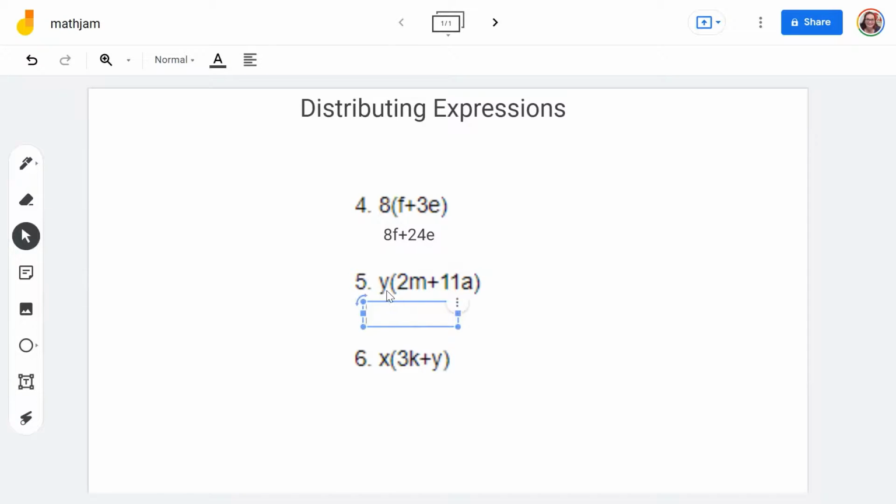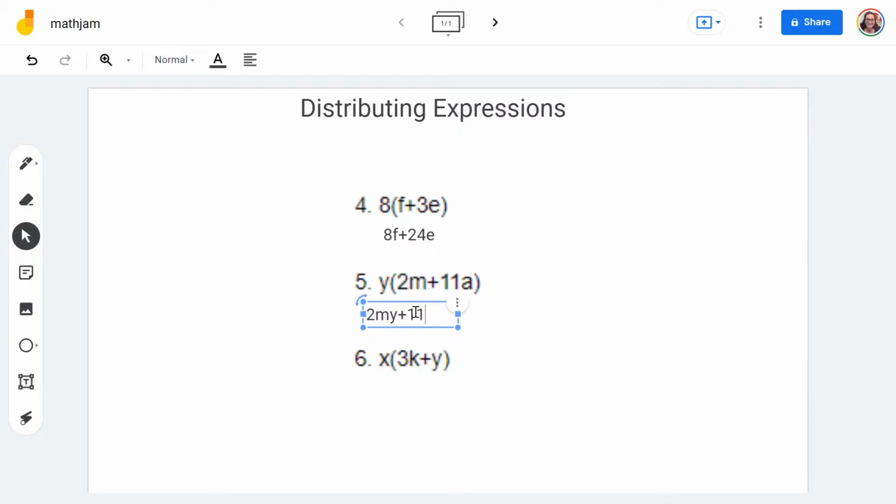So our first step is we need to multiply the y times 2m. Now, whenever we are writing algebraic problems like this, we always want to start with the number, not the letter, if we have one. So for this one, we could say 2my for that very first part, because that is 2 times m times y. We're going to be adding to that y times 11a. So that is real simple.